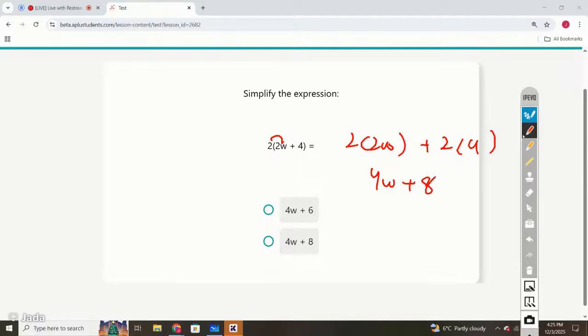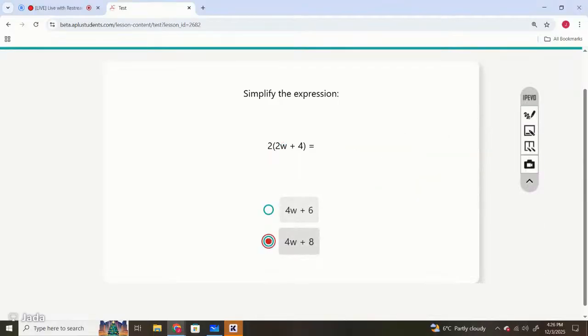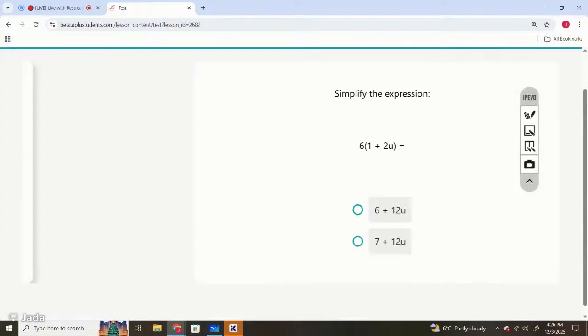That is 4w plus 8. Option number 2 is the correct option.